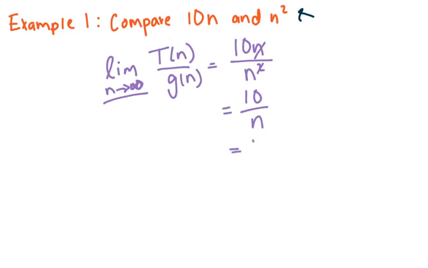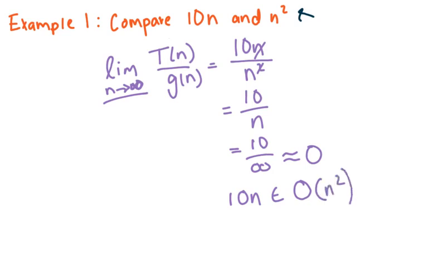So this is going to be 10 over a really big number, which is basically 0. 10 over something really large is going to be 0. So that means we have proven that 10n is in big O of n squared. That's the relation. We compared the two, and that's what we came up with.